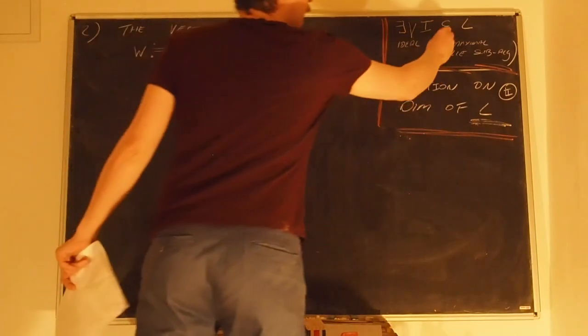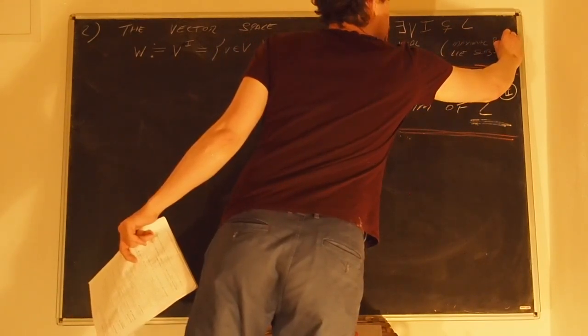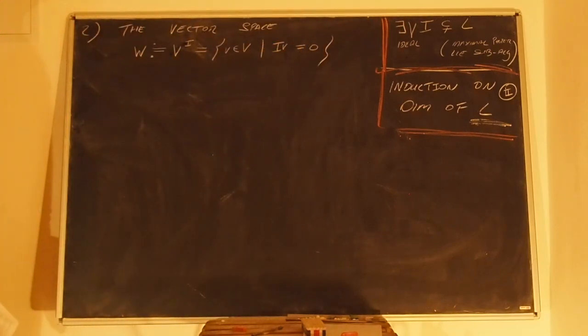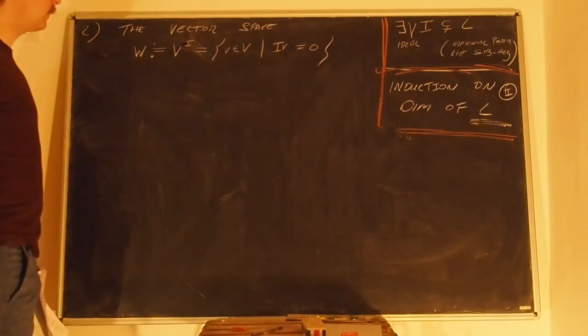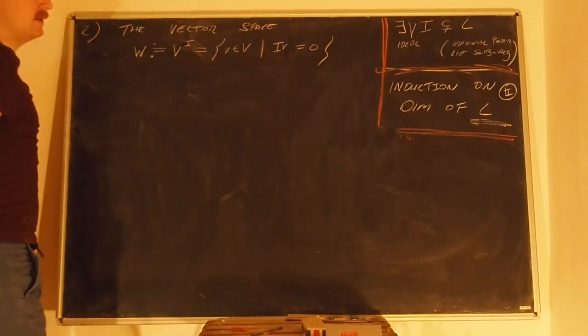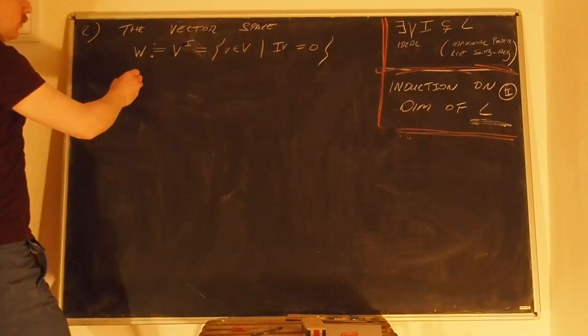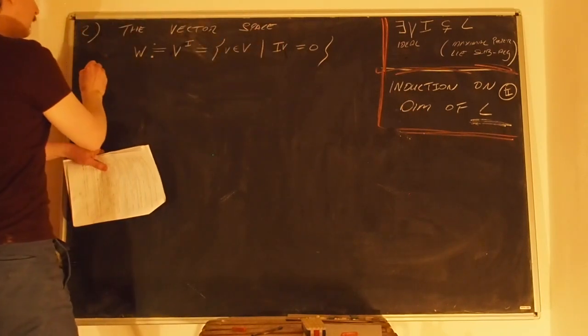And sorry, maximal proper. Okay, so it's definitely a proper inclusion. Which is to say, of course, that the dimension of I is less than the dimension of L. Clearly. So, we now claim this is not empty.